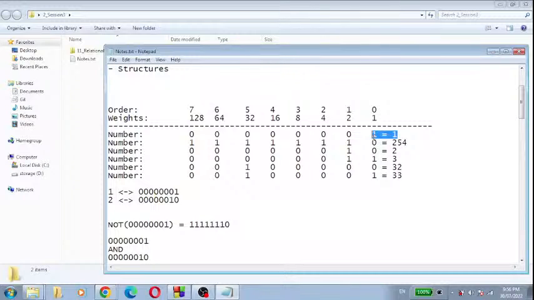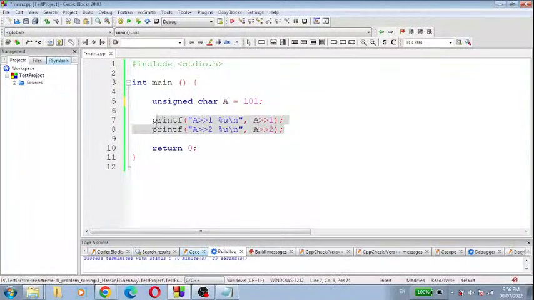So you could do this trick by making something like this here.